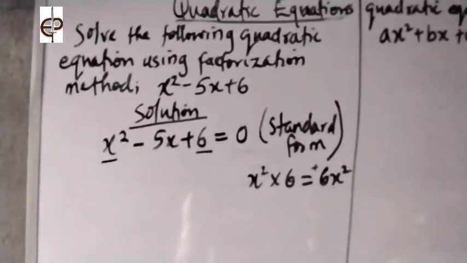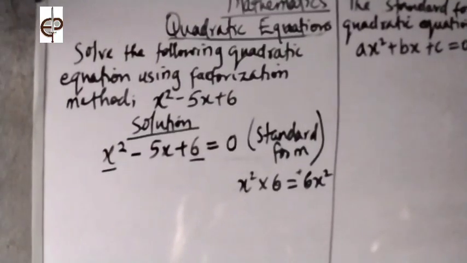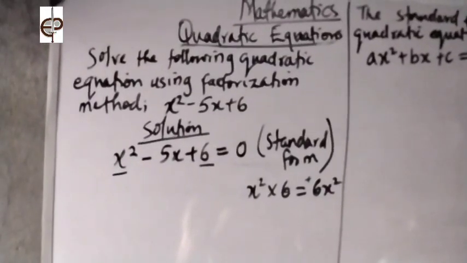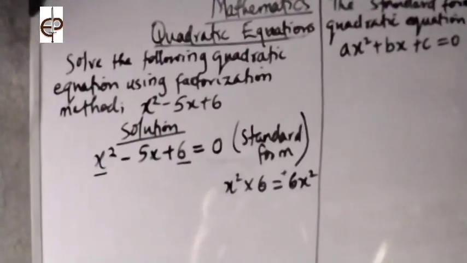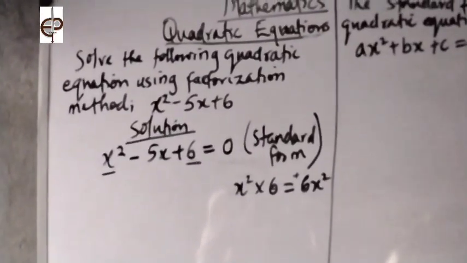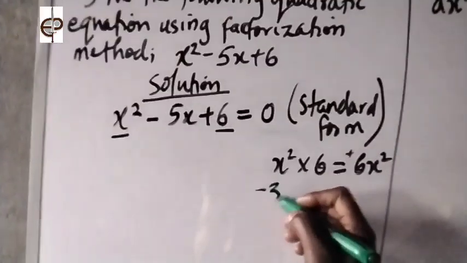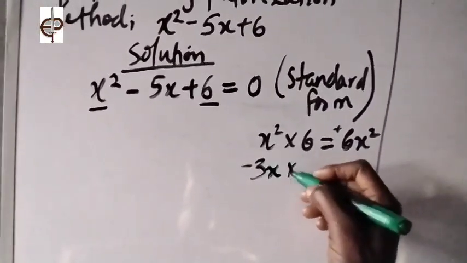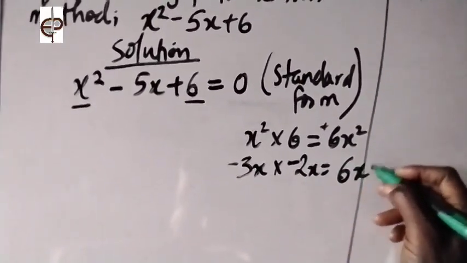The terms that come are minus 3x and minus 2x. Minus 3 times minus 2 is positive 6, while x times x is x squared. So minus 3x times minus 2x is equal to 6x squared.